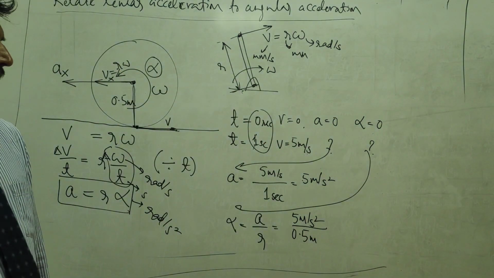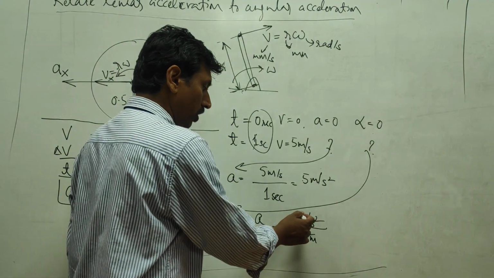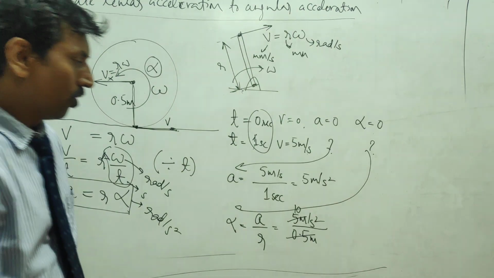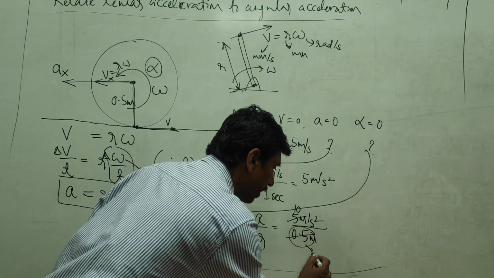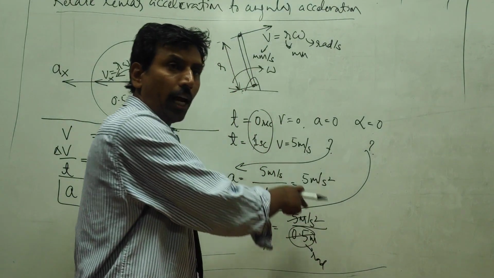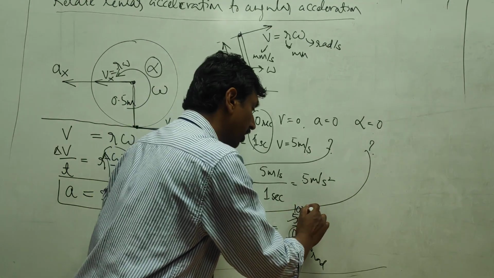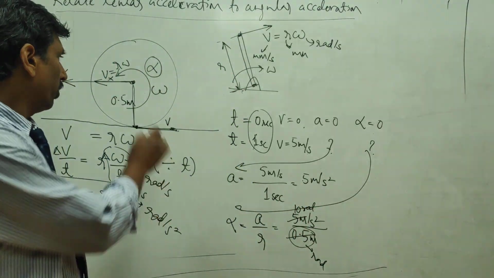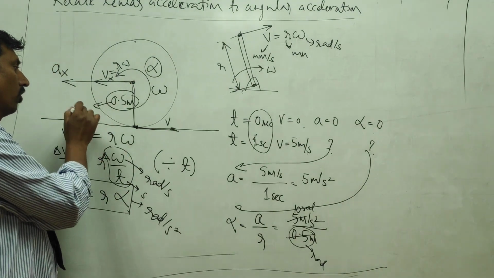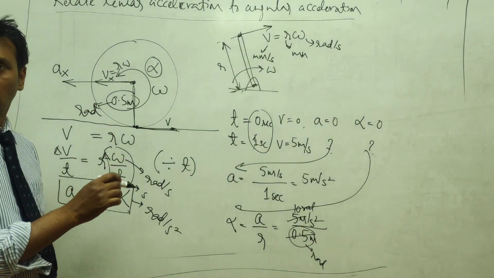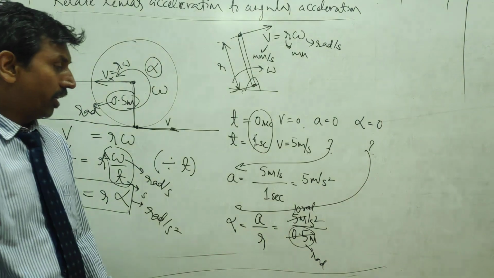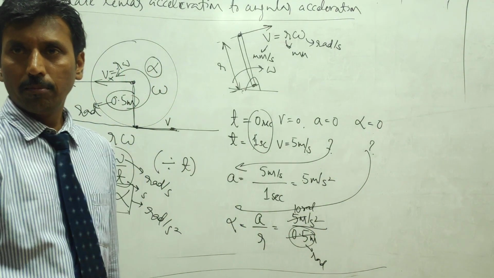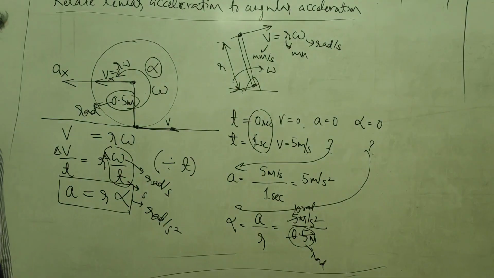So 0.5 meter, this goes by 10. So this is radius. How many times you are dividing by the radius? That becomes 10 radians per second square, because you are dividing it by radius.